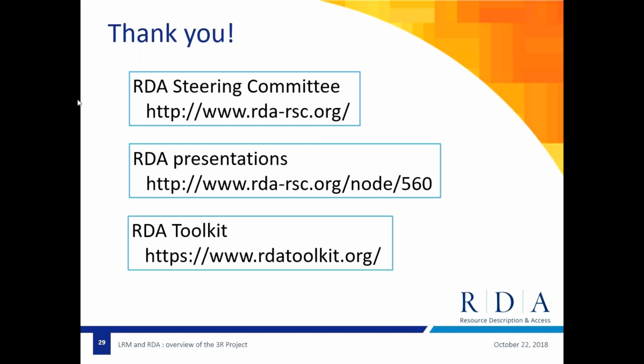So the question is how does RDA fit with the linked data initiatives such as BibFrame that are going on elsewhere? Well, the first observation is we're all using resource description frameworks, and that's the power of using RDF.